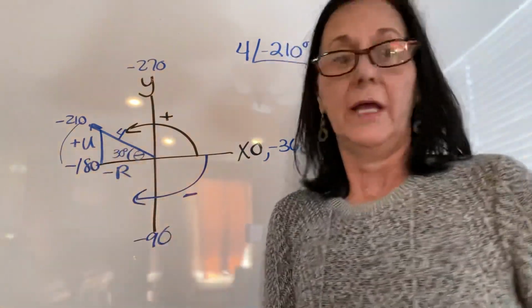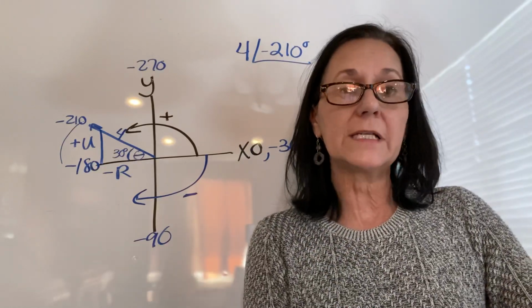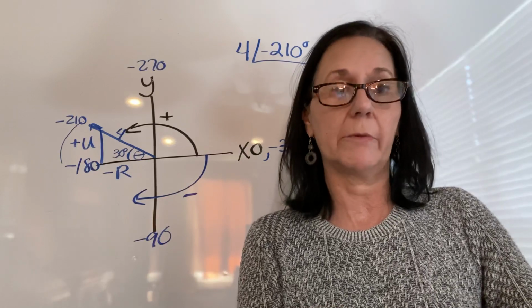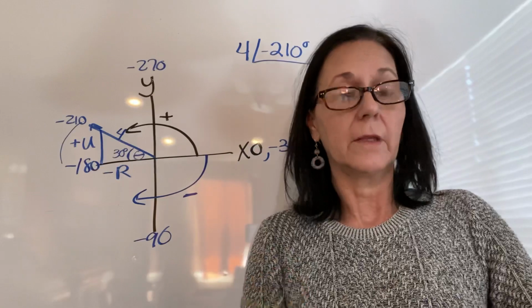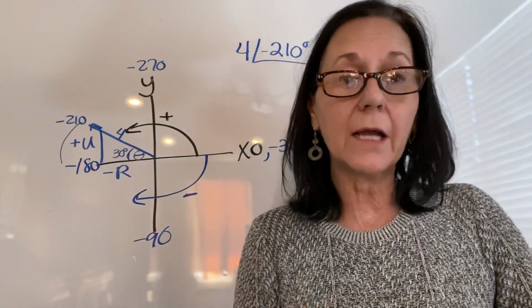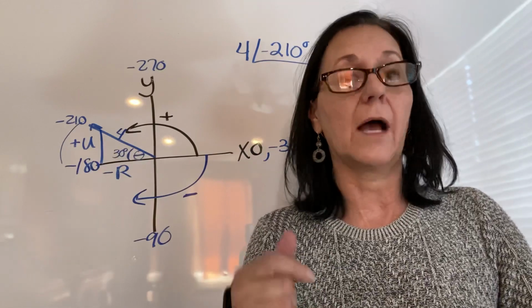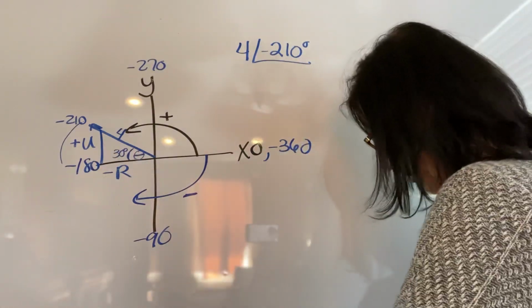Now remember, if I'm using a 45-45-90 or a 30-60-90, I'm always using my Pythagorean triplets. Remember, the 45-45-90 is 1, 1, square root of 2. The 30-60-90 is 1, square root of 3, 2. So I'm going to use my Pythagorean triplet. For this one, I'm not going to use my calculator.